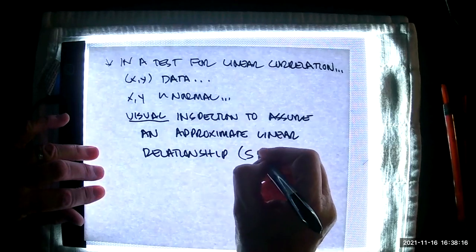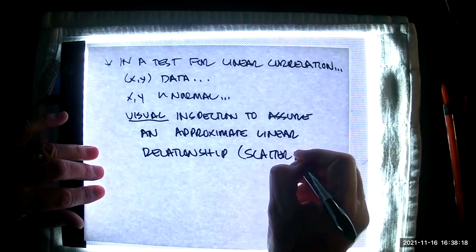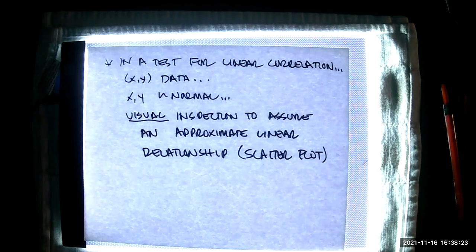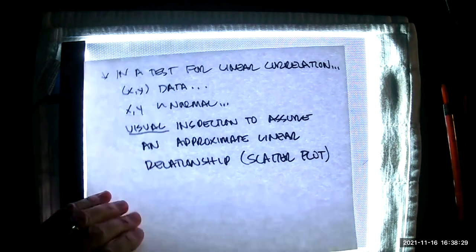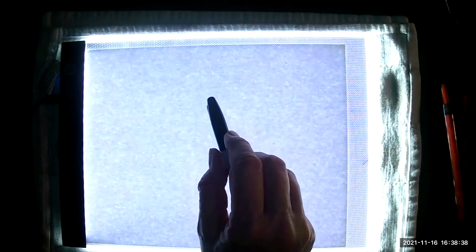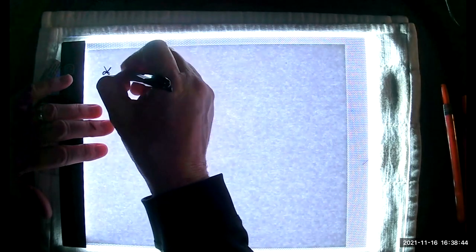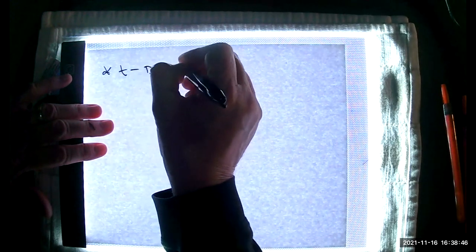See, this is where you take a look at the scatter plot and say, oh, yeah, it looks kind of like a little line a bit if I squint. But those are the real heavy duty requirements. And we have a test statistic and a t-distribution.